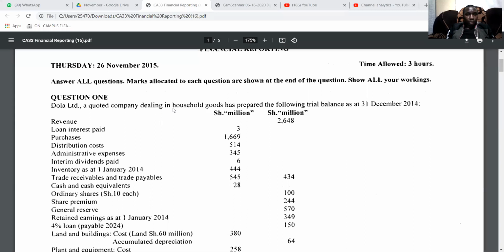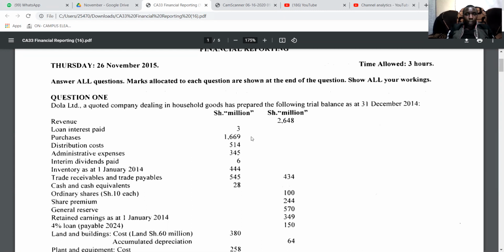So let us look at the question of November 2015. They say that Dora Limited, a quoted company dealing in household goods, has prepared the following trial balance as at 31st December 2014. So we have the revenue, loan interest paid, purchases, distribution cost, administrative expenses, interim dividends paid, and inventory as at 1st January 2014.